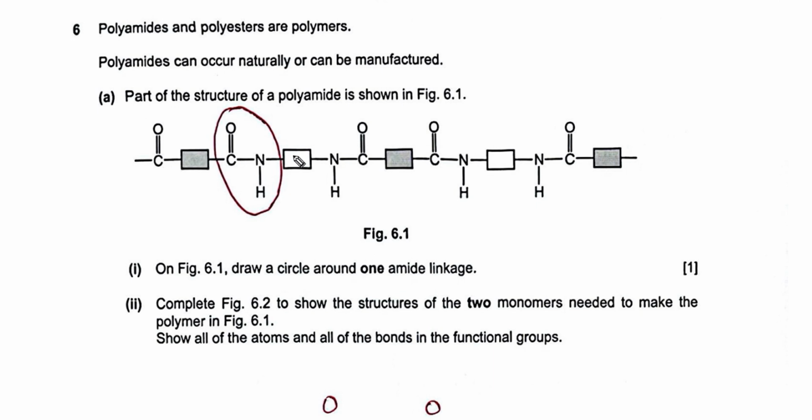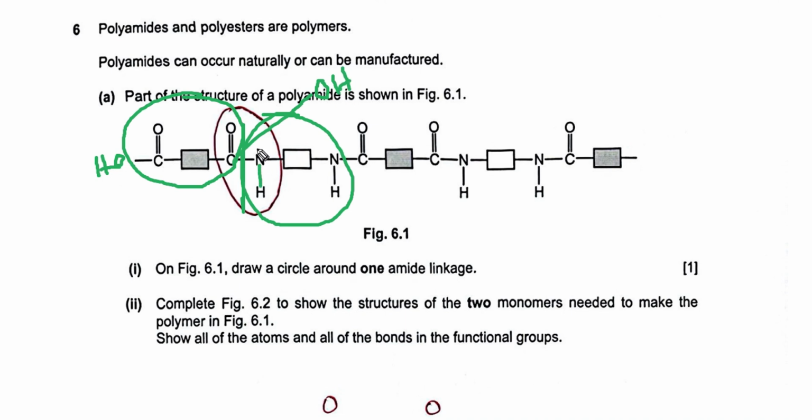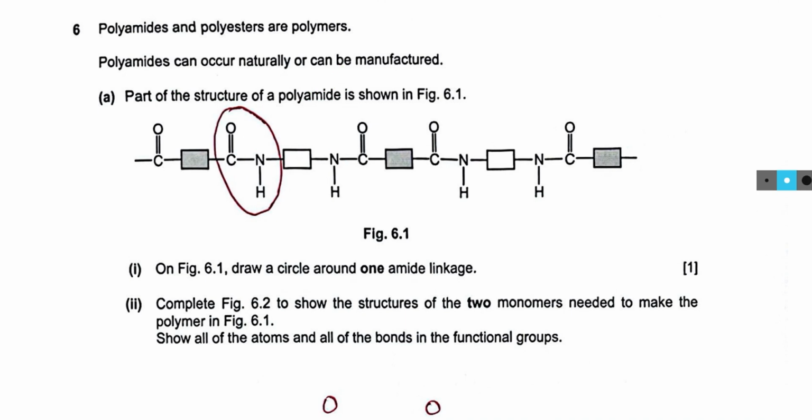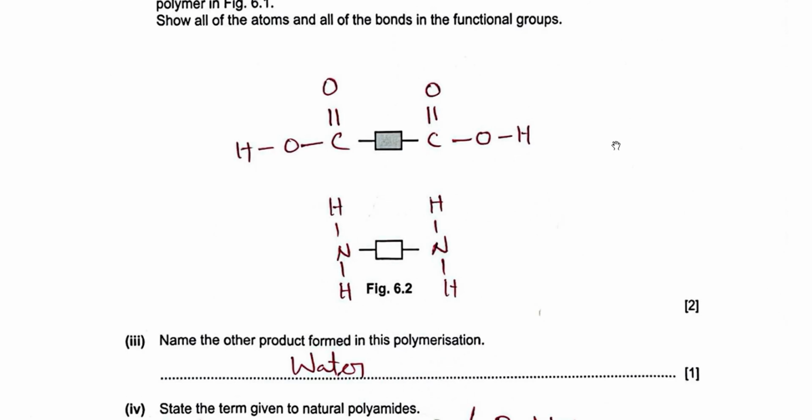So how is this formed? This is dicarboxylic acid and this is diamine. So here the OH group will be added, the hydroxide group will be added, and with NH one hydrogen will be added. This is the one hydroxide group added, one monomer.